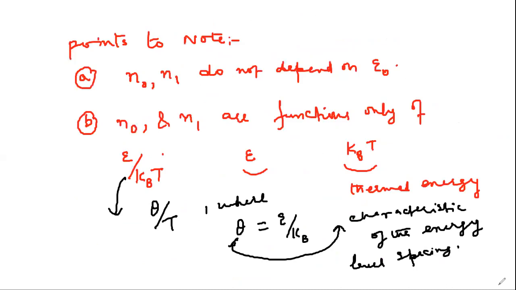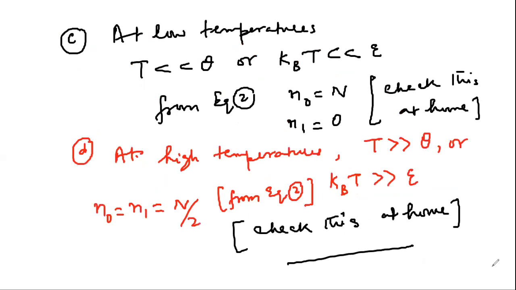We obtained certain inferences. First was that N0 and N1 both are independent of the ground state energy. They depend only on epsilon by kT, the ratio of two energy scales, or we can think of it as a ratio of two temperatures, one being the characteristic temperature theta. So we saw that at low temperatures compared to the characteristic temperature, all the particles are in the ground state.